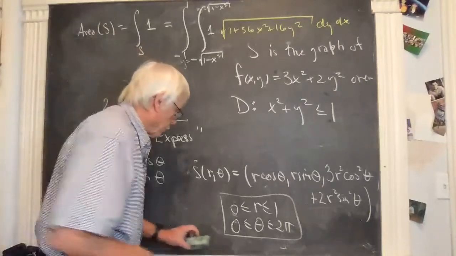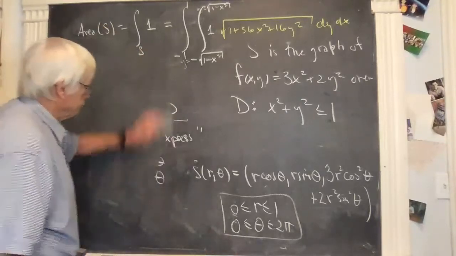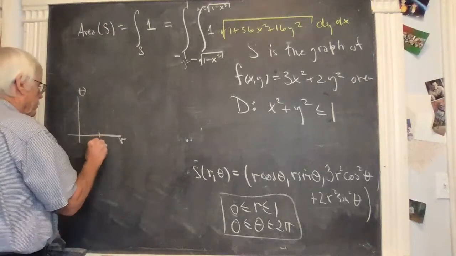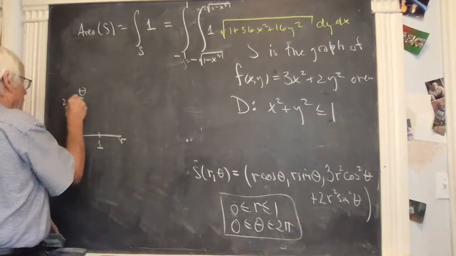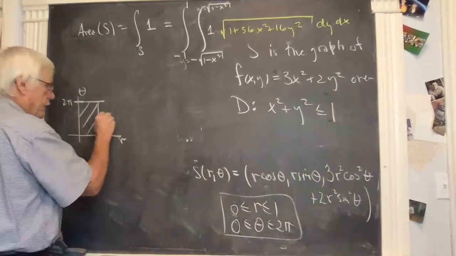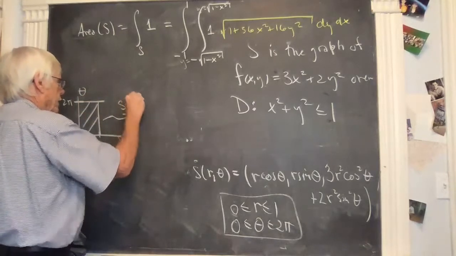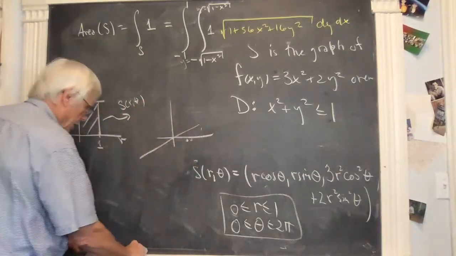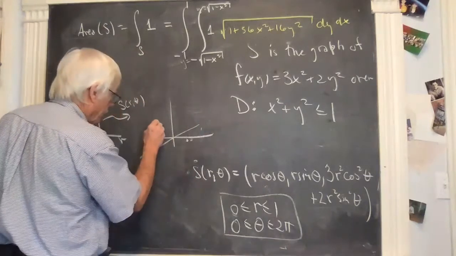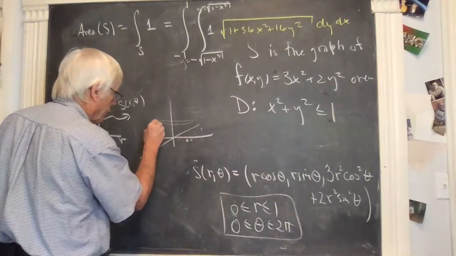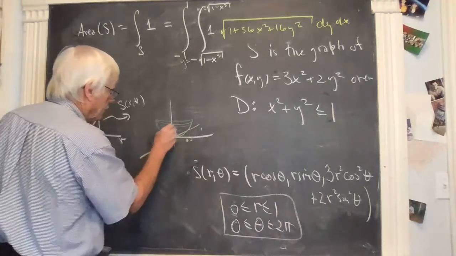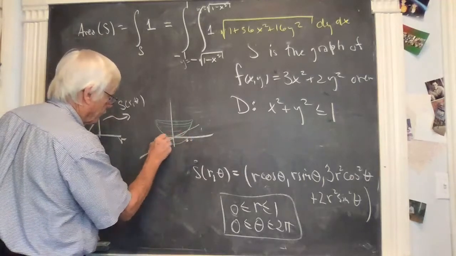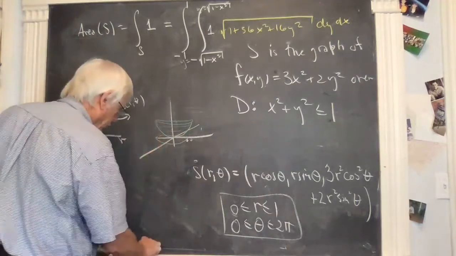Now, what we are doing here is we are in the r theta plane. R goes between 0 and 1. Theta goes between 0 and 2 pi. And this function, s of r and theta, maps that rectangle exactly onto that piece of surface of the paraboloid above the graph of x squared plus y squared less than or equal to 1.